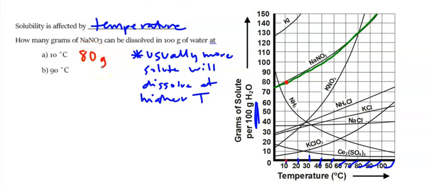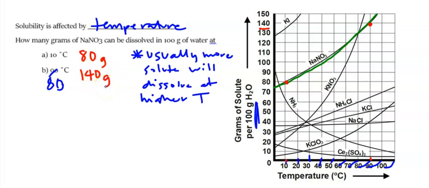Okay. All right, so now let's look at the same substance. Let's do 80 Celsius though, not 90. So just edit your sheet. All right, so 80 is this one right here. So if I go up to the line, same one, and then I look over, I've got 140 grams.